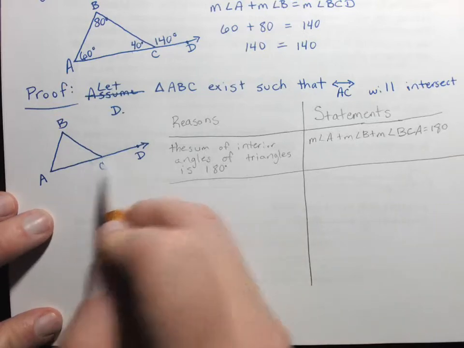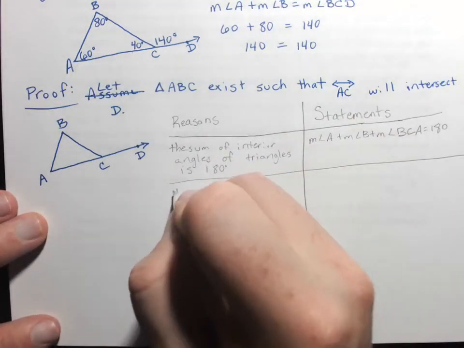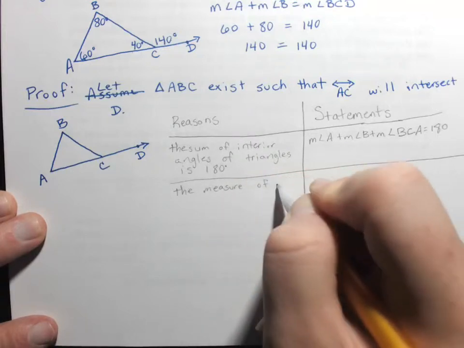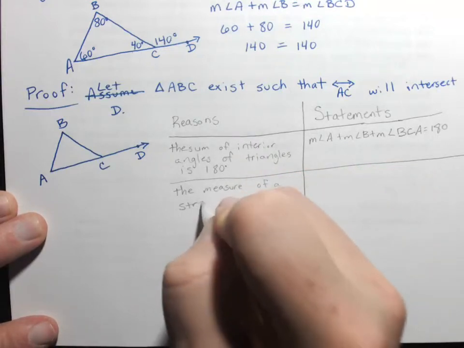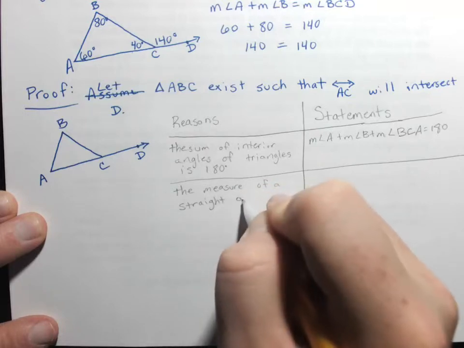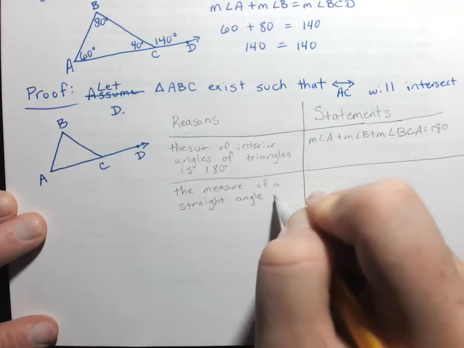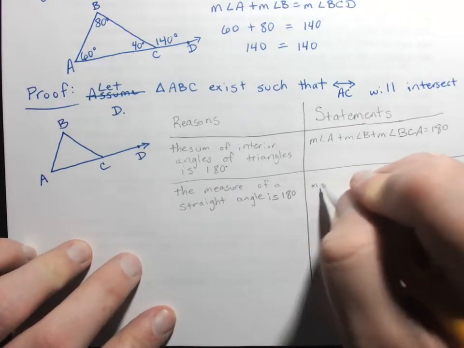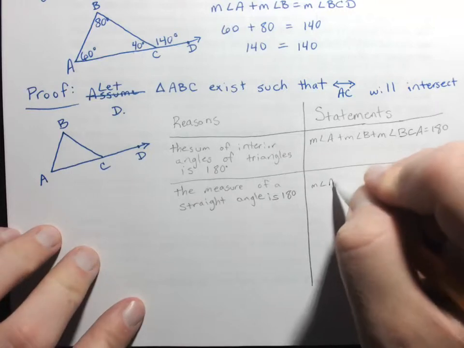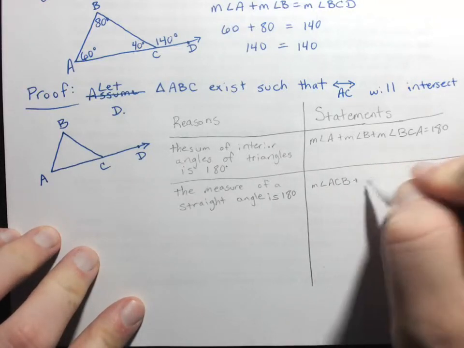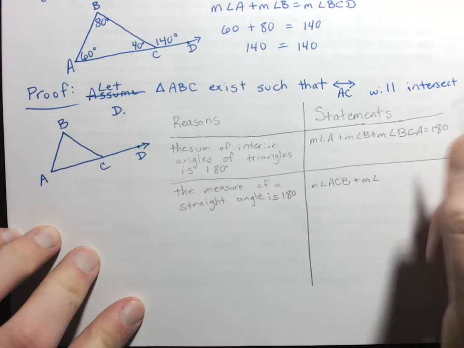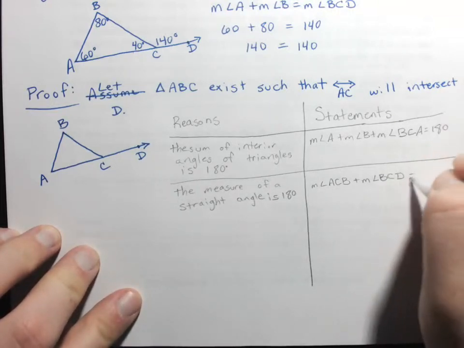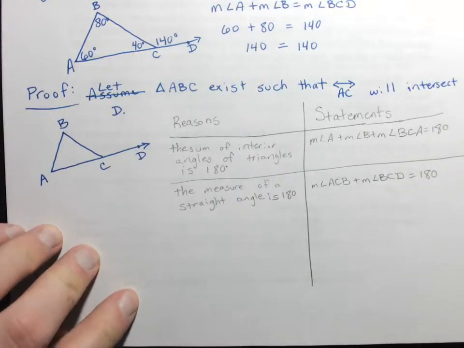Now let's also notice we have a straight line here, and the measure of a straight angle is 180. So the measure of angle ACB plus the measure of angle BCD is 180 degrees as well.